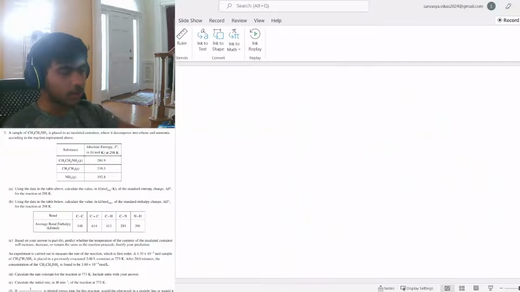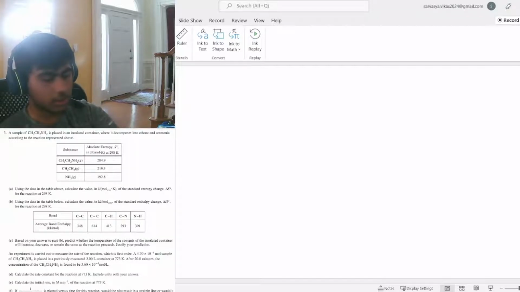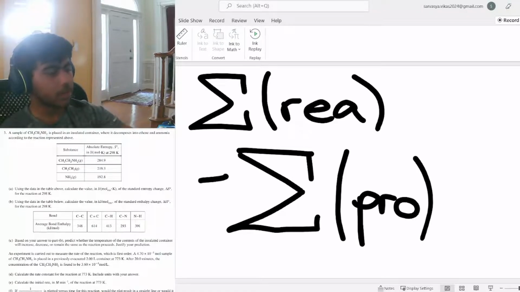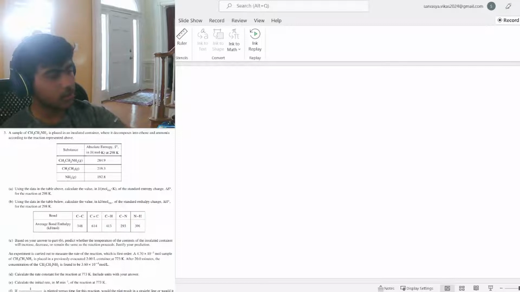So now we just have to take the positives of CC and the NH bonds. We're going to take the reactants minus the products, right? Since as we set up here, reactants minus the products.